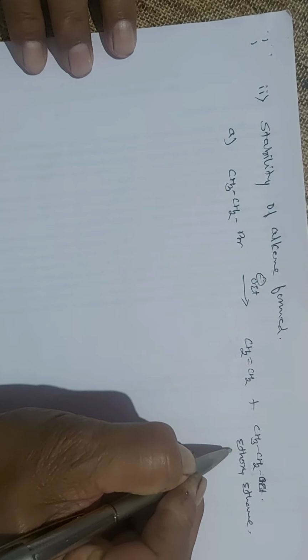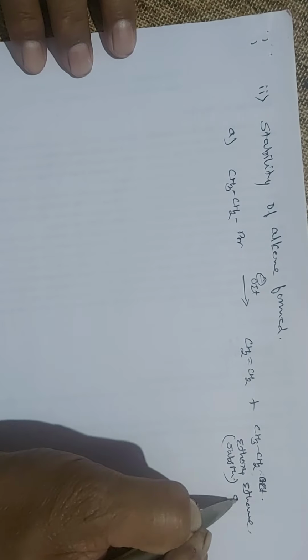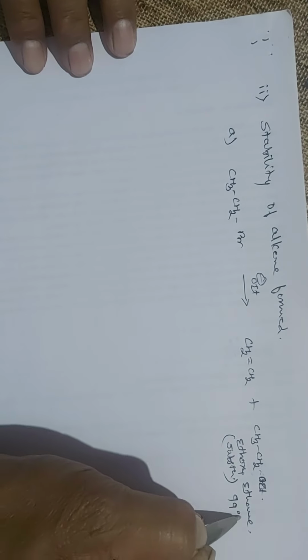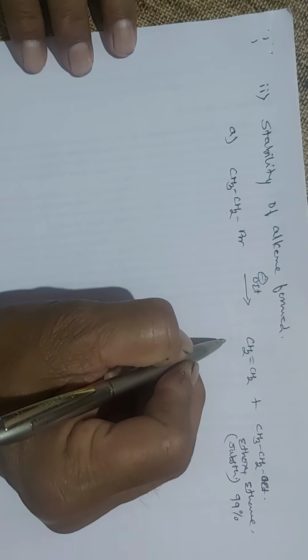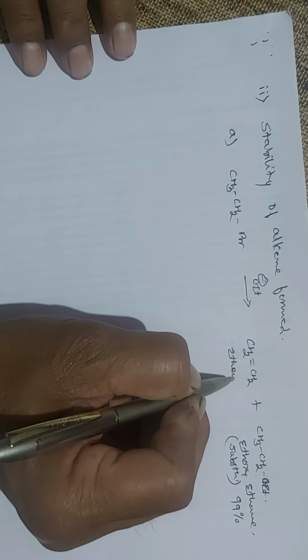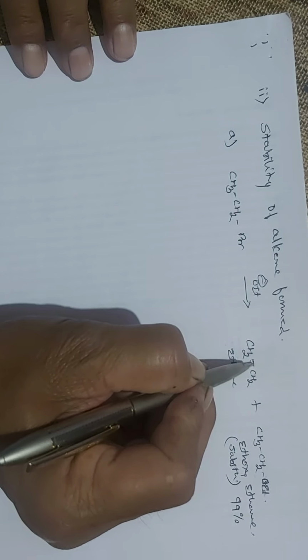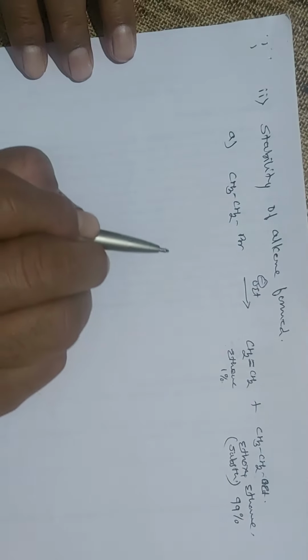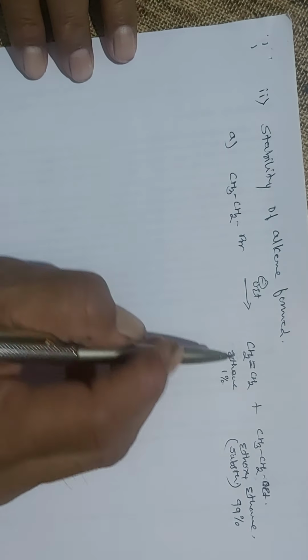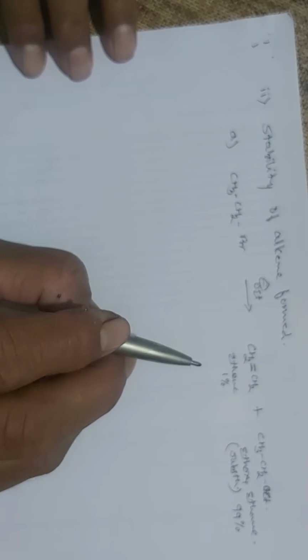The substitution product is obtained in 99%, and the elimination product, ethene, is obtained as only 1%, because this alkene is not at all stabilized, as there are no substituents on the doubly bonded carbon atoms.